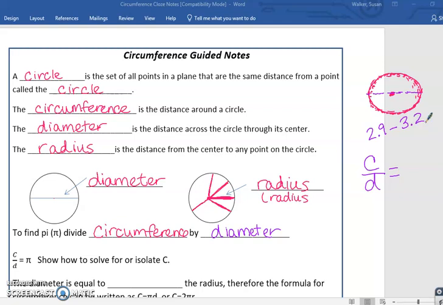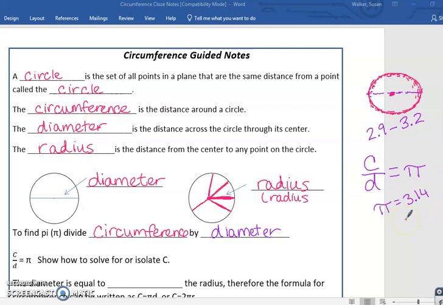And that represents pi. Now, when pi is calculated accurately, we usually use 3.14. It's a number that's irrational. It goes and goes and goes, but it does not ever repeat, okay? So we estimate pi to be 3.14.